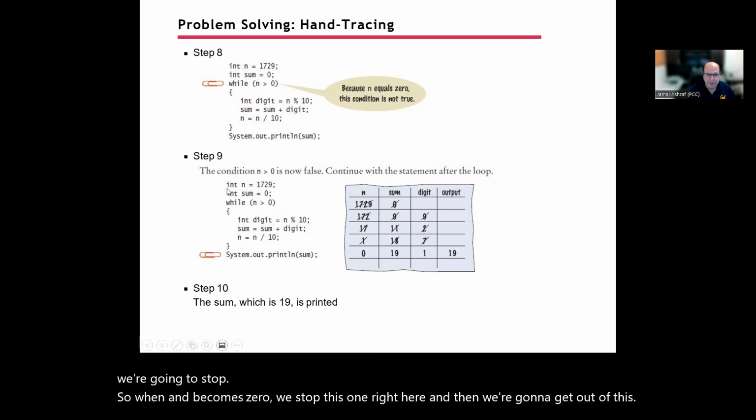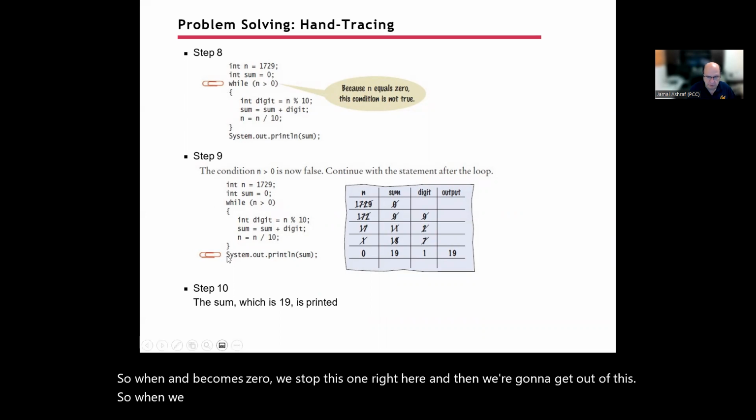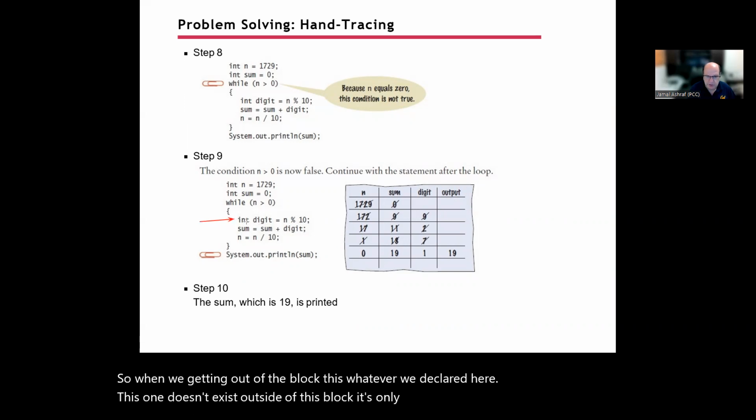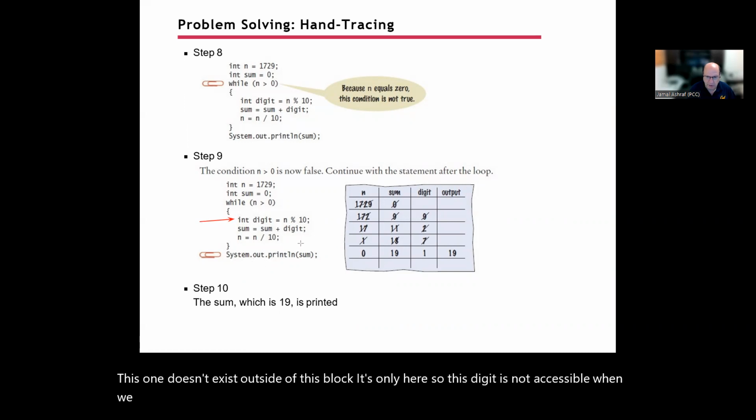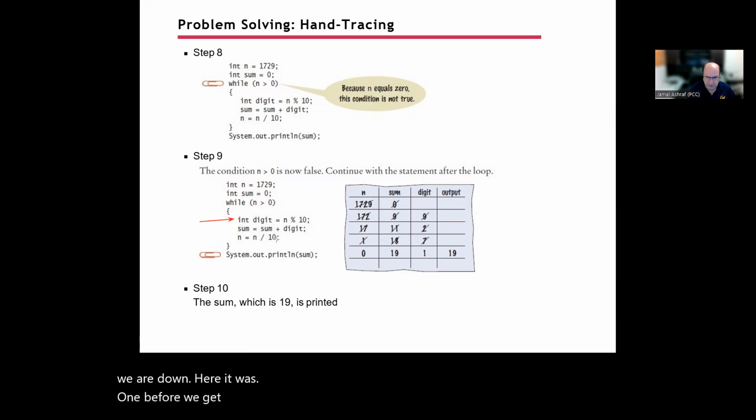So when we're getting out of the block, whatever we declared here, this digit doesn't exist outside of this block. It's only here. So this digit is not accessible when we are down here. It was 1 before we get out, but it's not accessible.